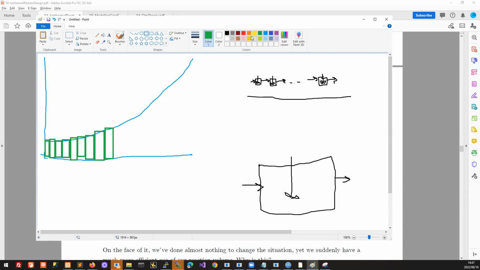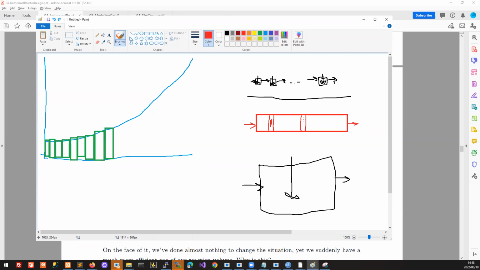And you can see the reason for that here. Remember we said for plug flow, we have this tube and we have all the fluid staying in little segregated plugs. And we said each plug was perfectly mixed internally. So in the R direction, each plug was mixed well, but in the Z direction, it wasn't mixed at all.